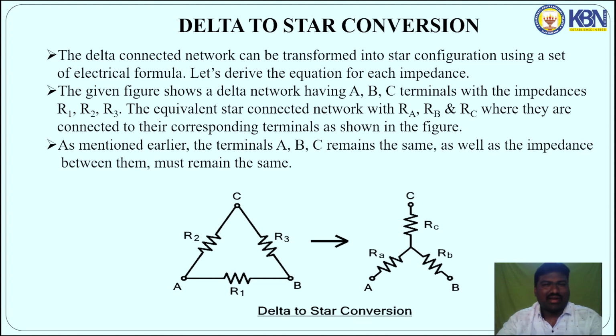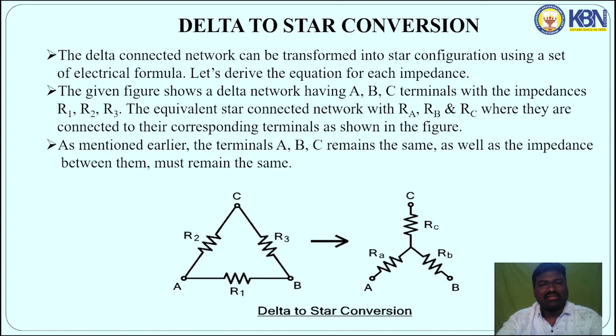The equivalent star connected network with RA, RB and RC is connected to their corresponding terminals as shown in the figure. As mentioned earlier, the terminals A, B and C remain the same, as well as the impedance between them must remain the same.